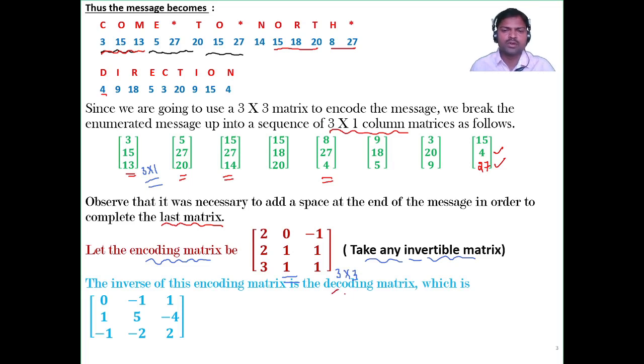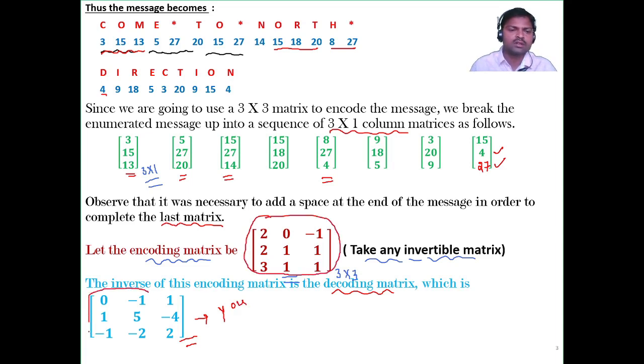This is the decoding matrix, and it is with the second person, that means with you, the receiver. This is the encoding matrix and it is with me. We should be very careful that these two matrices do not become known to other persons.